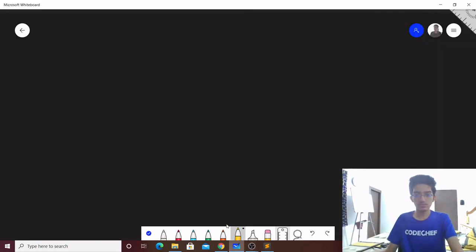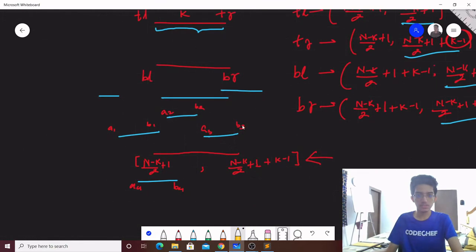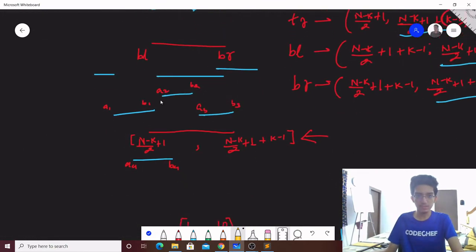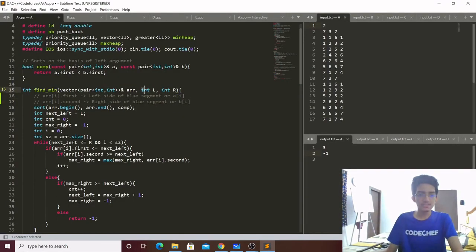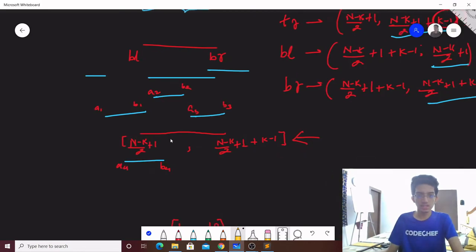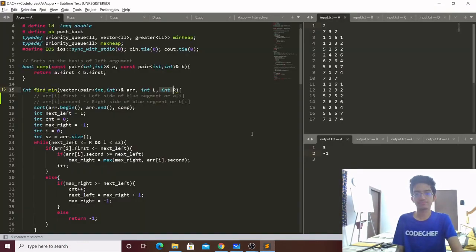I'll just show you once more that this is what we were referring. See, a1, b1, a2, b2. So these are the left and right segments. Okay, and this int l comma r is the red segment. That is, l corresponds to this coordinate, and the r corresponds to this coordinate.